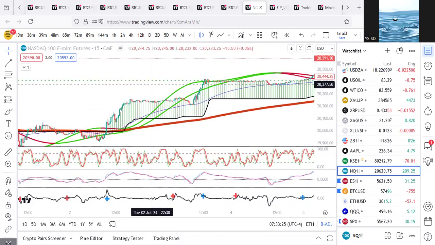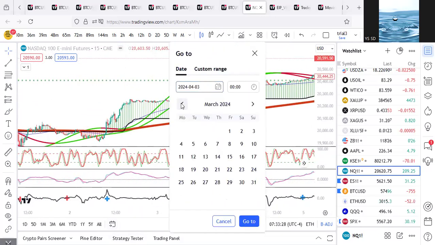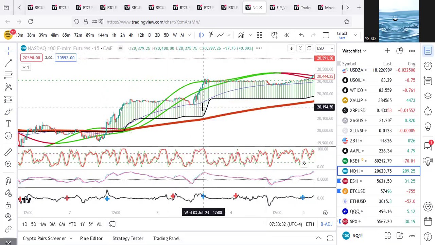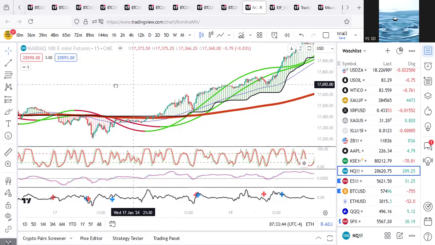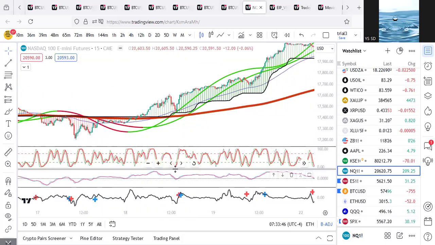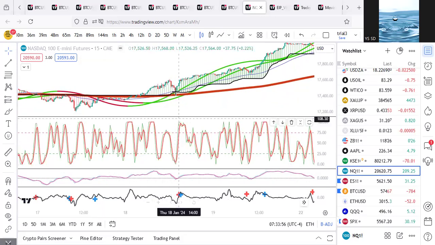Let's pick any random date. Over here, price above the moving average, the EIP oscillator is oversold, we buy.